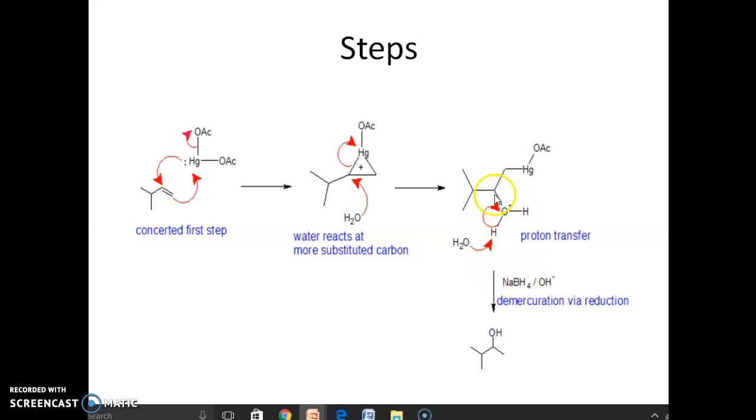After this step there is a reduction carried out using sodium borohydride in the presence of base, which gives the alcohol. The fourth step of the mechanism is beyond your level of study and is not given. You have to study only these many steps for the oxymercuration and demercuration reactions. Please try to understand.